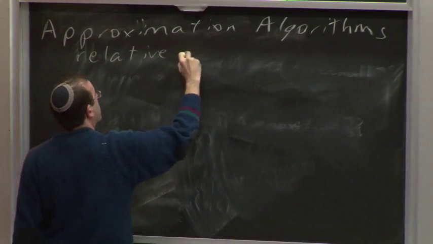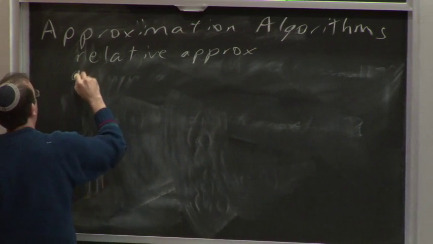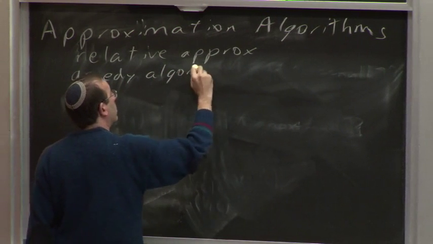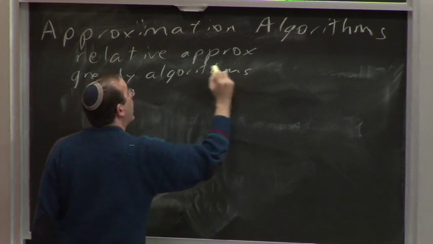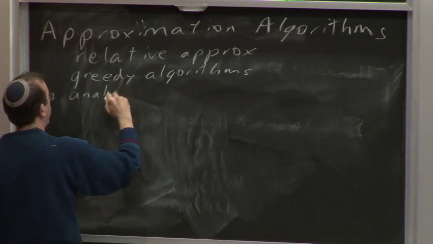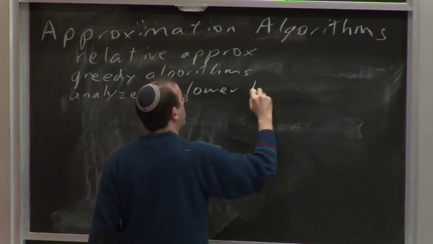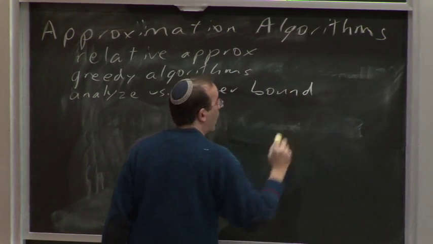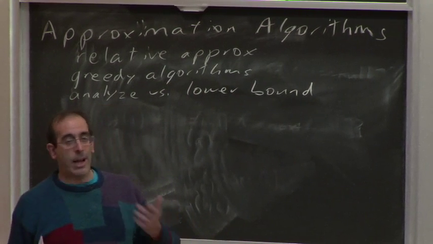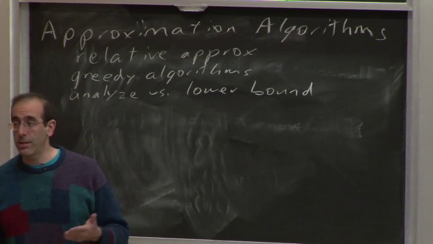Focusing on relative approximations, we did greedy algorithms. And in most cases, we analyzed those greedy algorithms versus a lower bound or upper bound on the optimum, because obviously we can't look at the exact solution, so we can't really compare our solution to the exact solution.